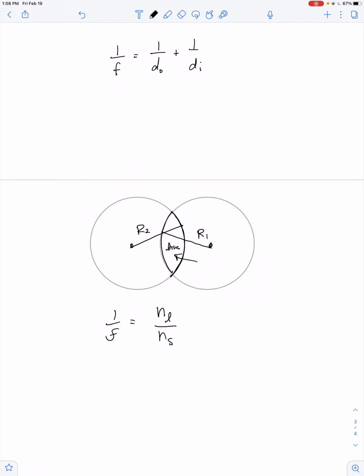So maybe the lens is made of glass and the material that surrounds it is air. So take the ratio of these indices of refraction minus 1 and multiply that by the inverse of the radius of curvature of the front surface minus the inverse of the radius of curvature of the back surface.